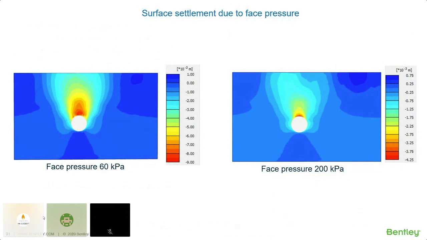Next, we have a settlement profile, which shows the effect of your face pressure, how the magnitude of the face pressure is affecting your settlement at the surface. When you have a very low face pressure, you can see that the surface settlement is increasing.